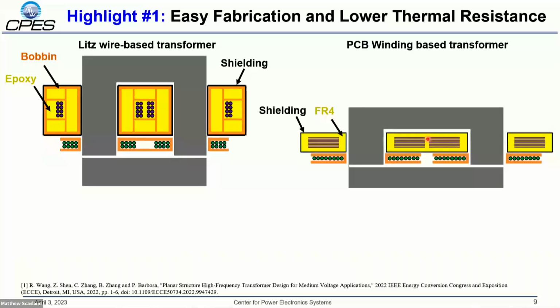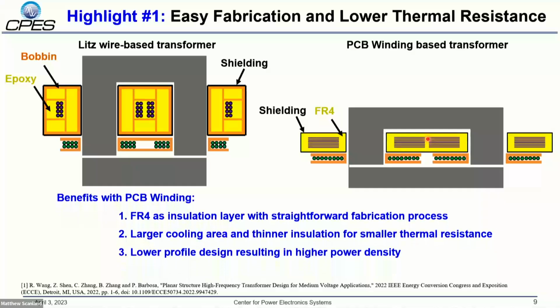Compared with the Litz wire-based transformer, in the section view of the PCB-Winding-based transformer, there is no complicated bobbin inside the insulation architecture, and all the insulation can be achieved with this FR4. Also, compared with the Litz wire-based design, the thinner insulation and the larger cooling area lead to a smaller thermal resistance, which is also critical for thermal management.